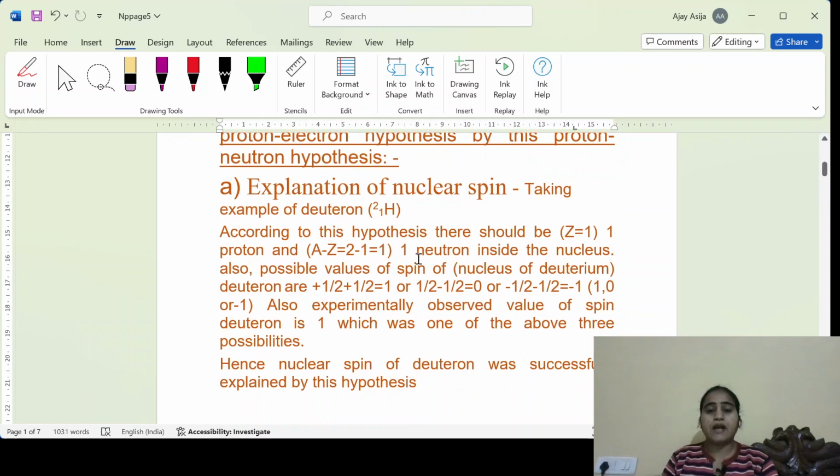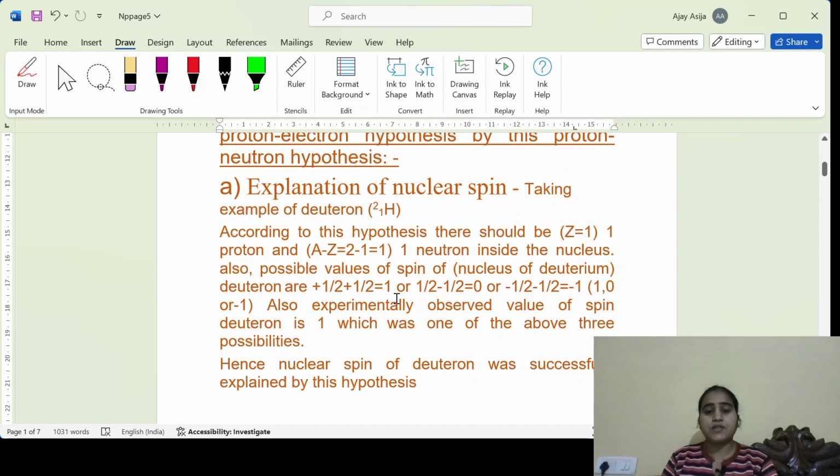So the possible spin values of deuteron are: if both the constituents, proton and neutron, are in the spin up state, then plus half for proton plus half for neutron, and the total will come out 1. If proton is in the up state and neutron in the down state, then plus half for proton and minus half for neutron, and 0 will be the result.